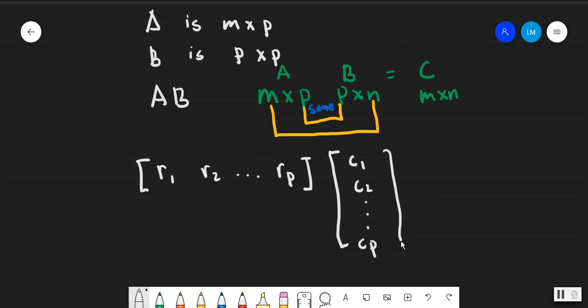So what I'm doing is taking a row of A and a column of B, but they have to be technically the same corresponding row and column in this case.